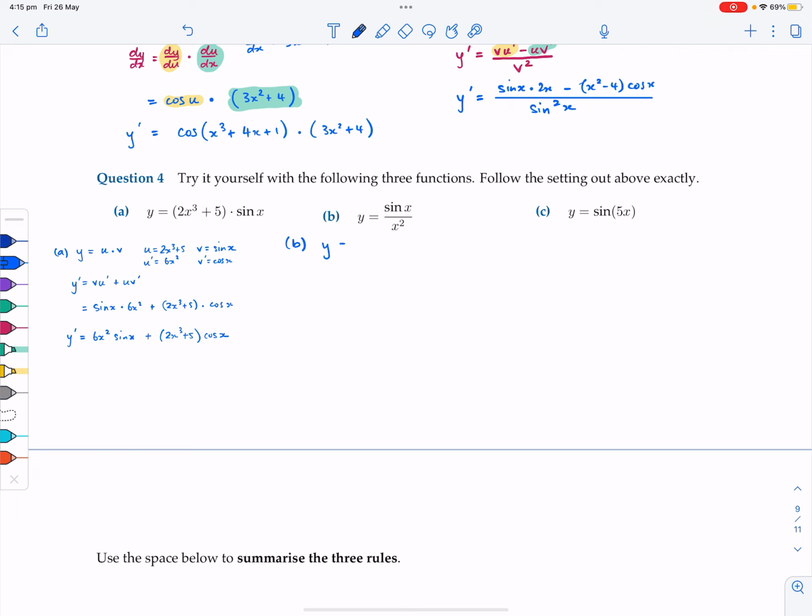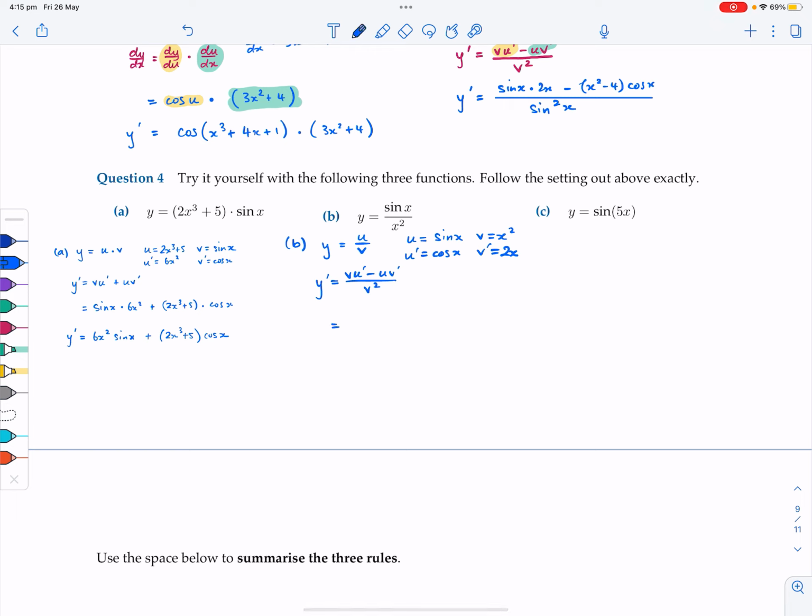So I've got y equals u over v, where u equals sine x and v equals x squared. u dash is cos x, v dash is 2x. The rule is vu dash minus uv dash over v squared, right? Minus because it's a quotient rule. So plus goes with times and minus goes with divide.